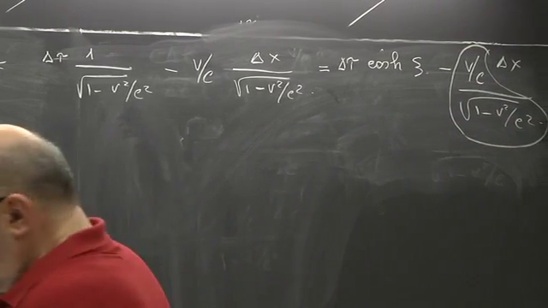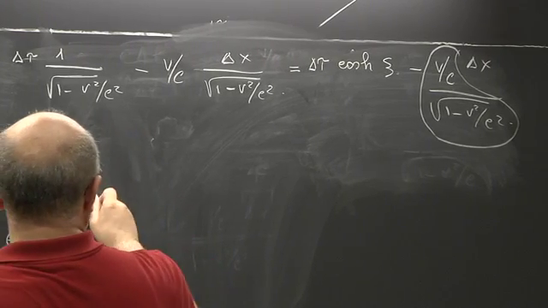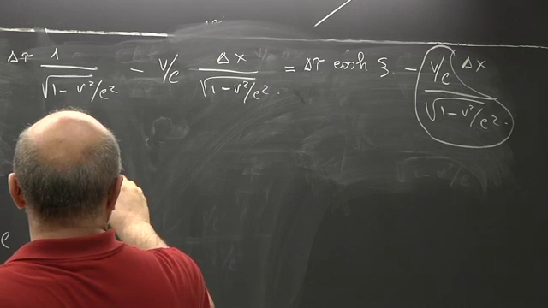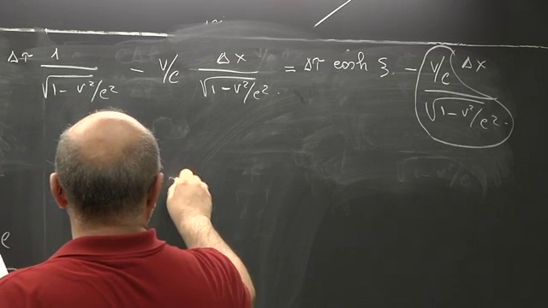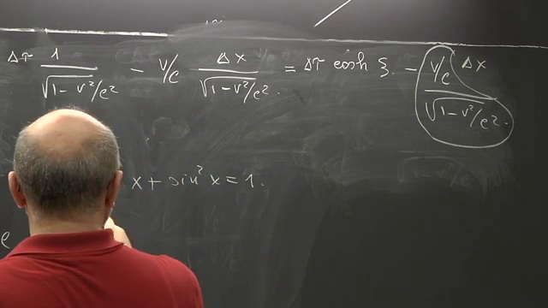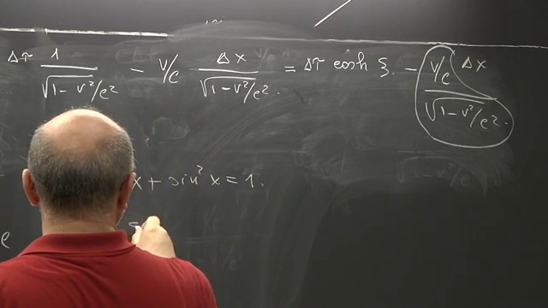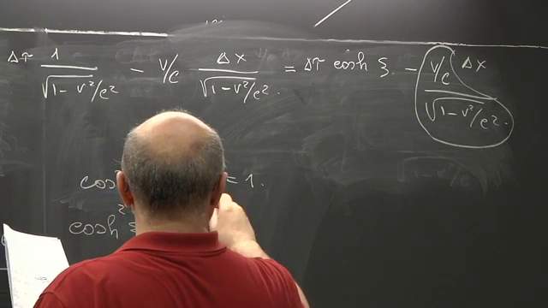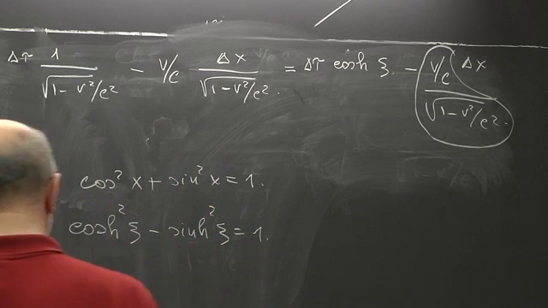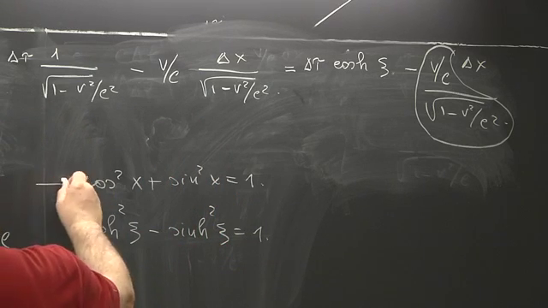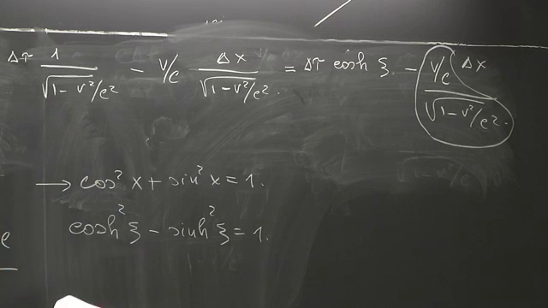Why? You remember there is that famous relation cosine squared x plus sine squared x equals 1, but there is an analog for the hyperbolic quantities: cosine hyperbolic squared minus sine hyperbolic squared equals 1.